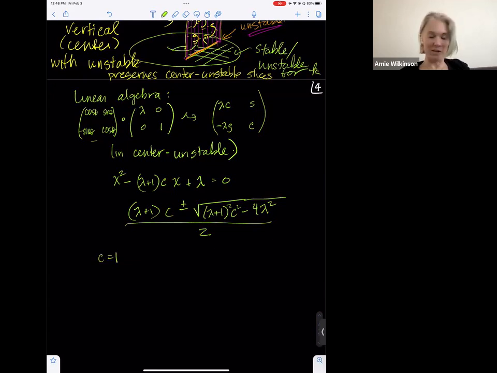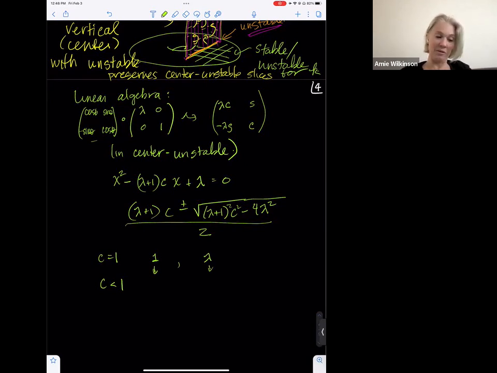So when the cosine term is 1, when C equals 1, is anyone going to stop me and tell me I've done anything wrong? I haven't, right? Cosine, good. When C equals 1, you get the eigenvalues 1 and lambda. But when C is a little bit less than 1, what happens to these eigenvalues?